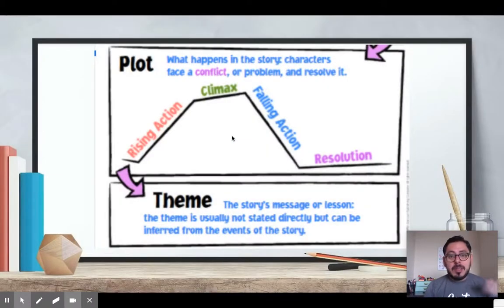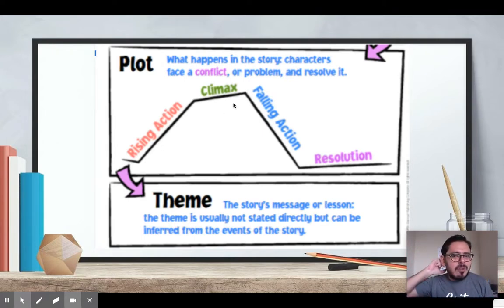And then there's something that we call the plot. And the plot is what happens in the story. The characters face a conflict or a problem and they solve it. And we kind of divide it into these five parts. We already saw the exposition. That's the first thing that happens. Then there's rising action, and rising action is where the character usually finds the problem. Then there's the climax. It's the most important part of the story.